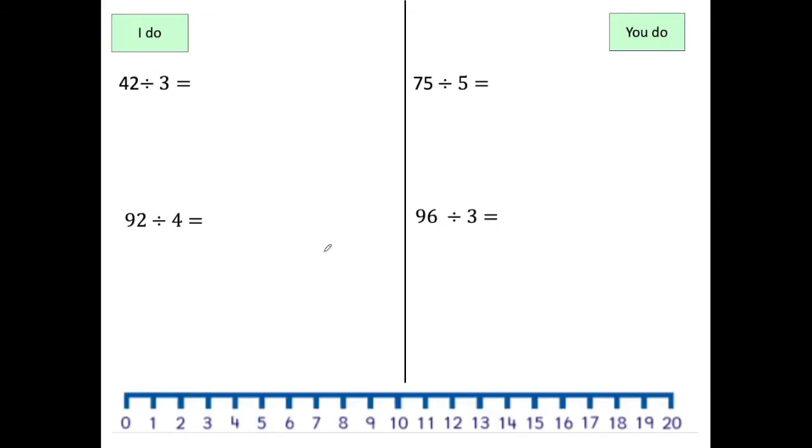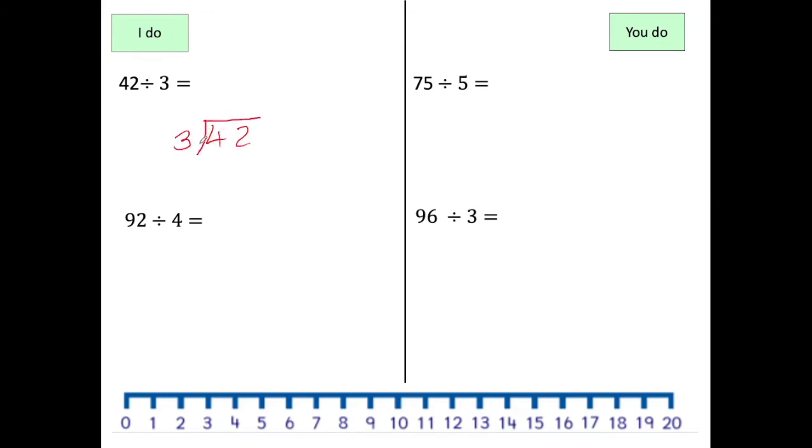These are some of the other examples that we're going to be looking at. So like before, like usual, I will be doing 2 and then you will be doing 2 on the right hand side. So we've got the number 42 here, and we're going to divide that by 3. So if I write 42 down, like I said, line across, and then line up above. Divide that by 3.